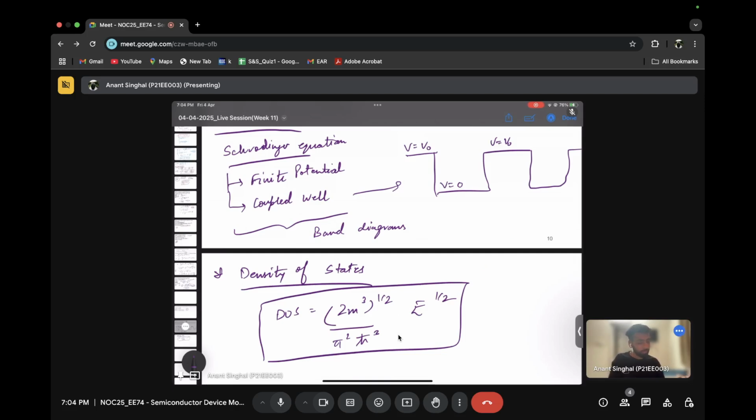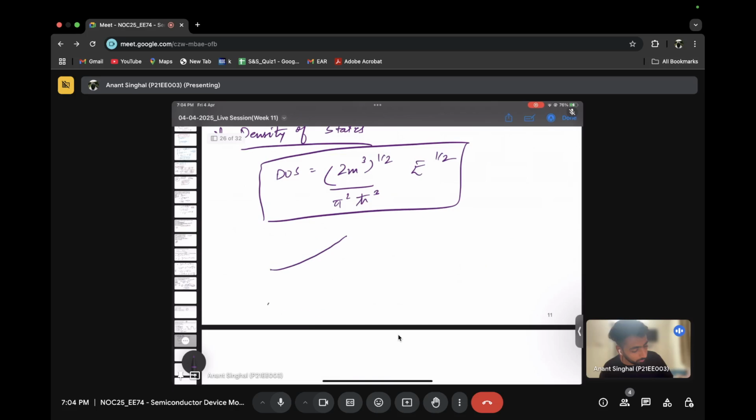If you remember, we make the diagram like this. In some other class, I must have told you that this is the density of states above EC and below EV. It looks like this, and this is what I just wrote. If E minus EC is positive, then it is this formula, and if it is EV minus E, then this is this formula.